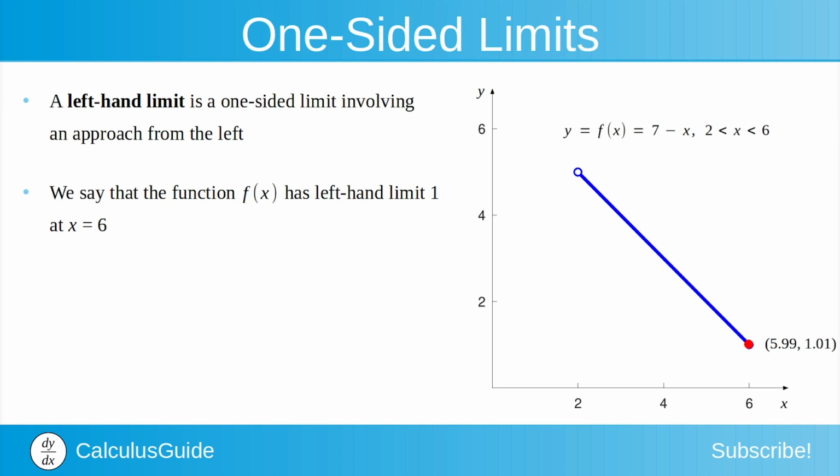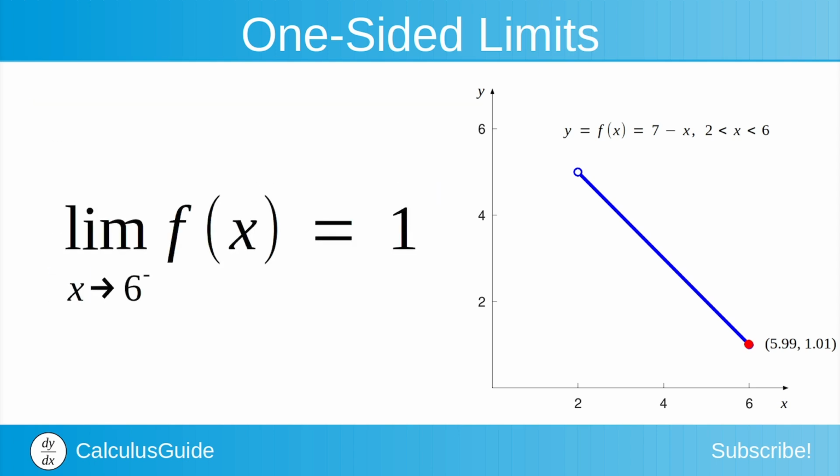We say that the function f of x has left-hand limit 1 at x is equal to 6. We write this in the following way. This notation for a left-hand limit includes a minus sign. This notation, now highlighted, means that x approaches 6 from the negative side of 6 through values less than 6.